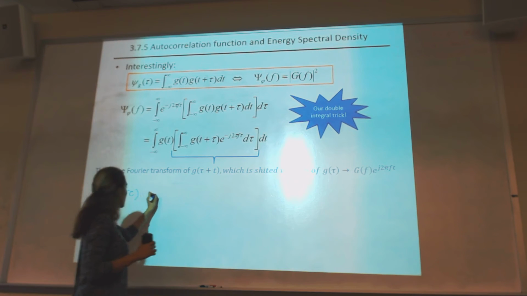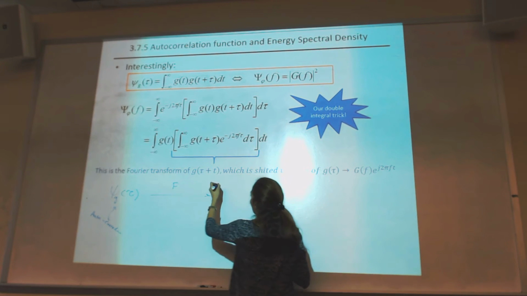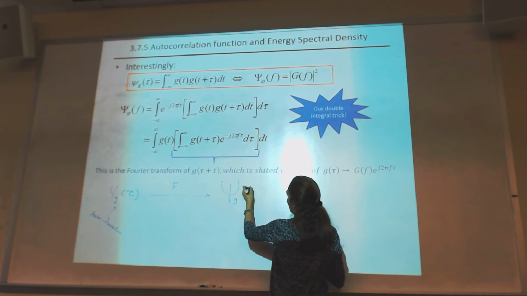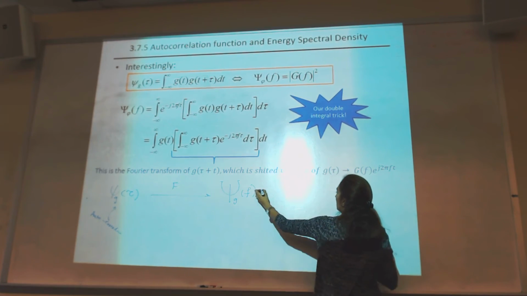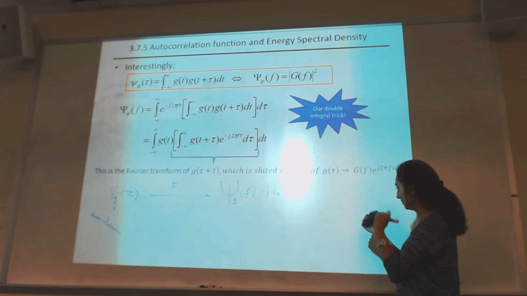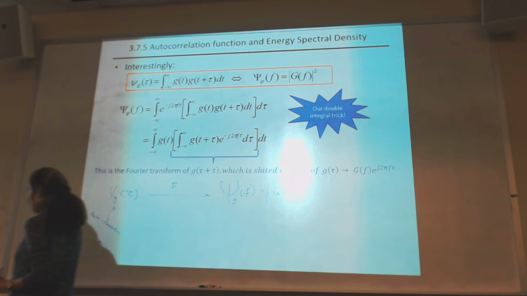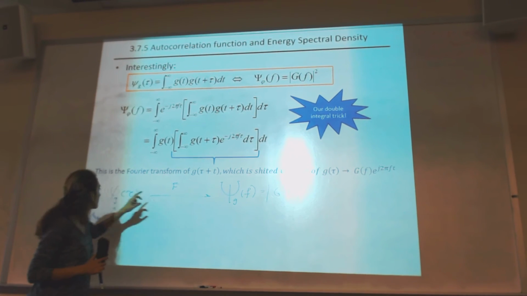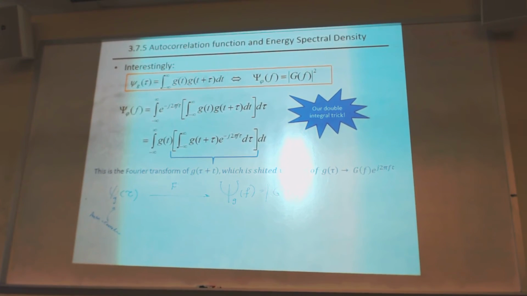If you take the Fourier transform, you get that energy spectral density, the magnitude of G of f squared. Yes, the Fourier transform pair. And that's why the same symbol is used to show the relationship. Okay, so let's prove this.